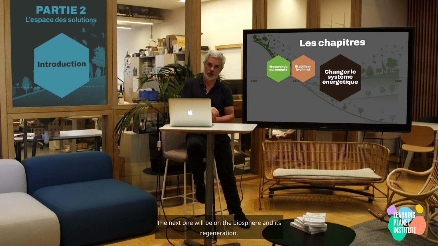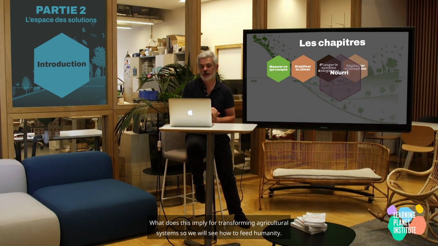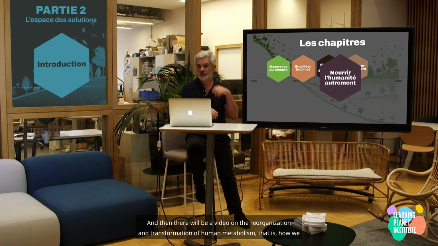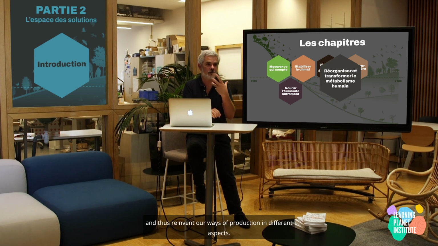The next one will be on the biosphere and its regeneration. What does this imply for transforming agricultural systems? So we will see how to feed humanity. And then there will be a video on the reorganization and transformation of human metabolism. That is, how we need to reinvent and reorganize our spaces in various ways, reorganize our cities, our industrial systems, and thus reinvent our ways of production in different aspects.